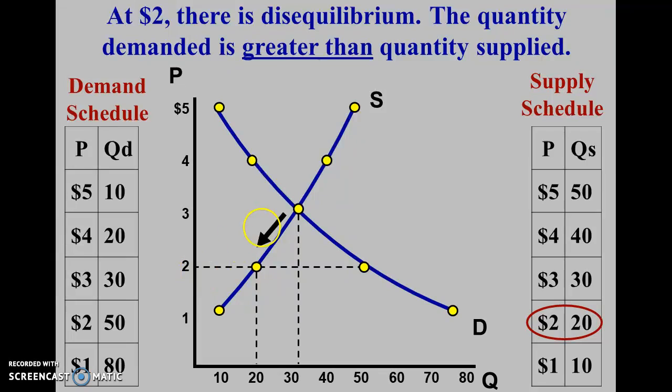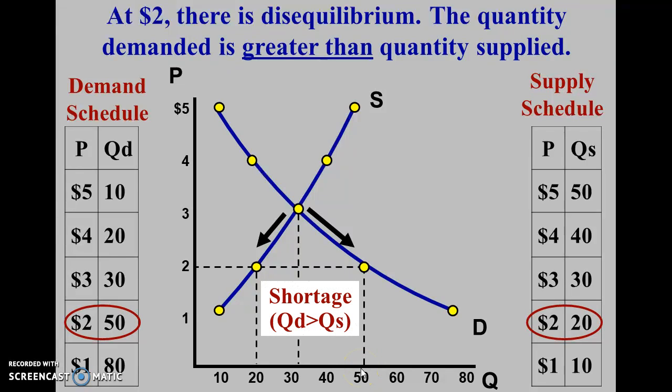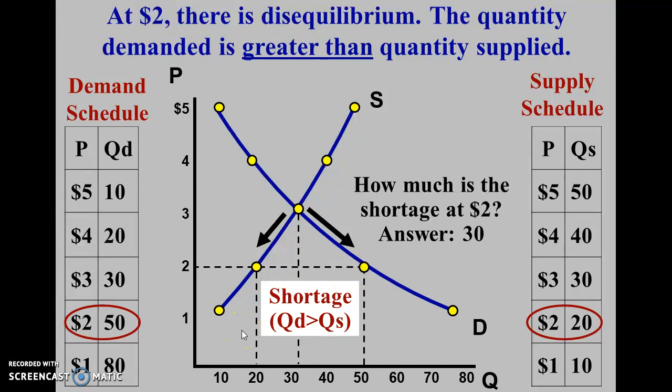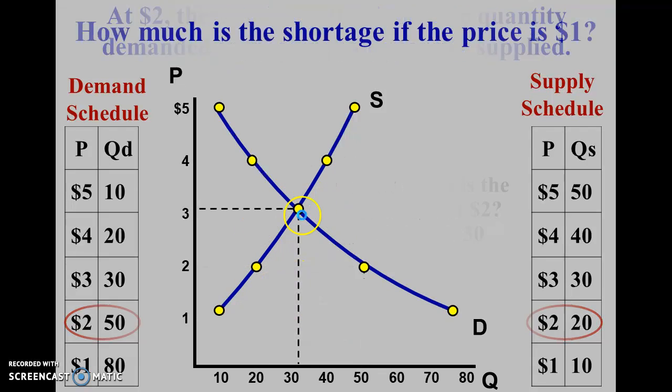But people want more, so at $2 our quantity demanded is 50. We refer to that as a shortage. There's not enough, so quantity demanded exceeds quantity supplied. What would that shortage be? 30. What would you do to get rid of a shortage? You would raise the price and put us back at equilibrium.